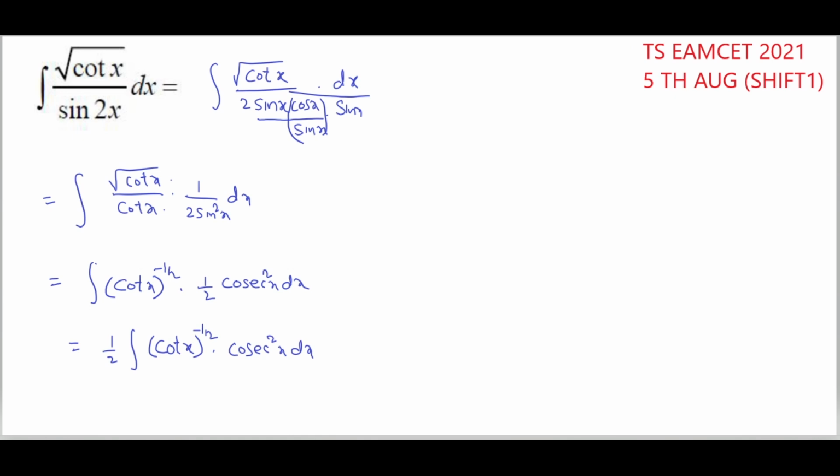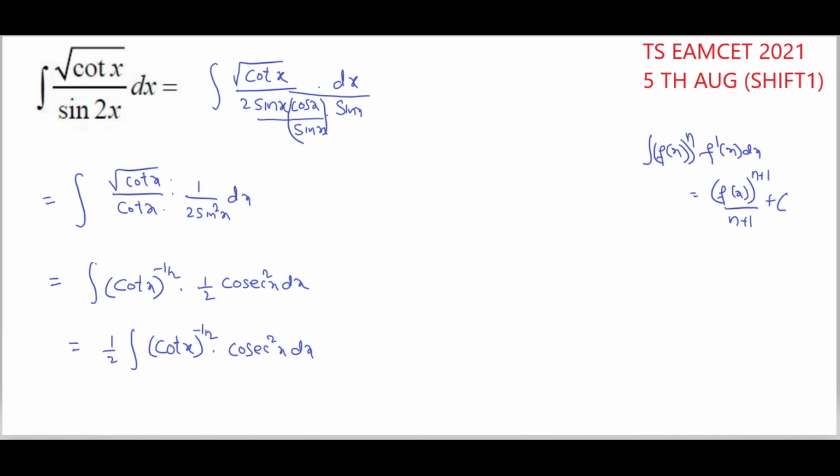So here the differentiation of cot x is −cosec² x dx. This is [f(x)]^n into f'(x) dx. The integration of [f(x)]^n f'(x) dx is equal to [f(x)]^(n+1)/(n+1) + c.